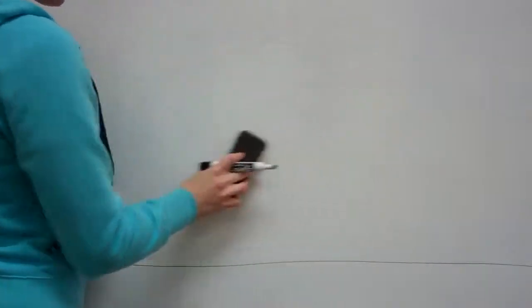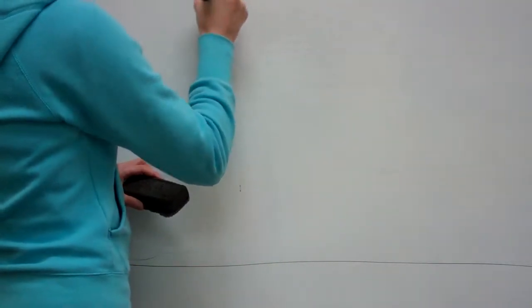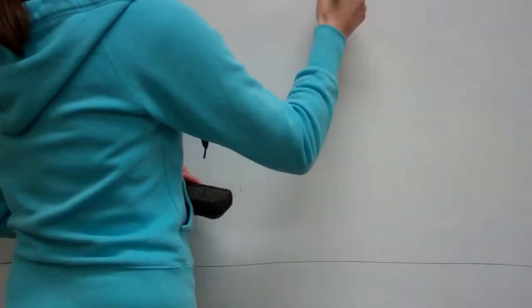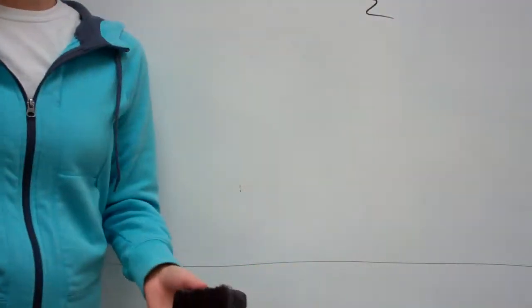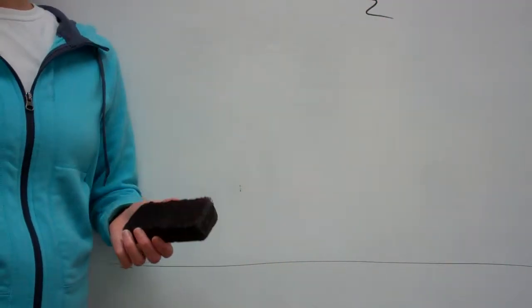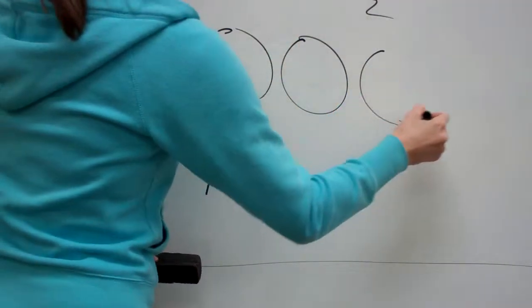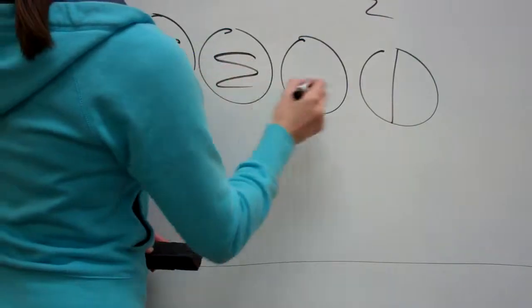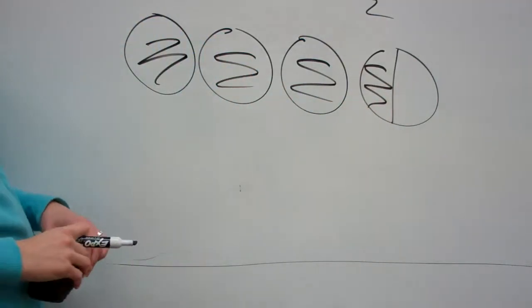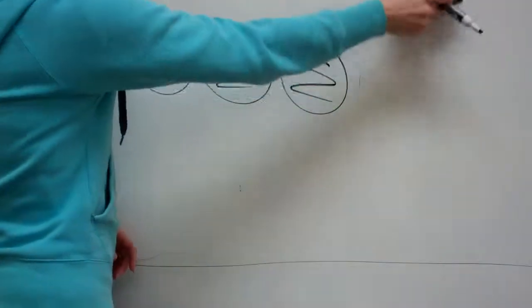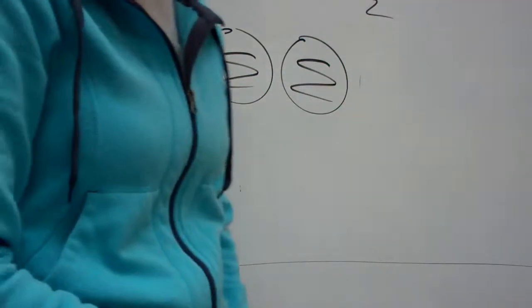This one's a subtraction problem. 3.5 minus a half. Pretty simple. 3. So basically I had 3 whole, and then a half, and then they told me to take away the half. So what do I have? 3. Okay, pretty simple, huh?